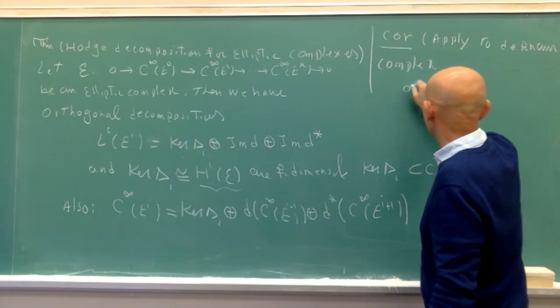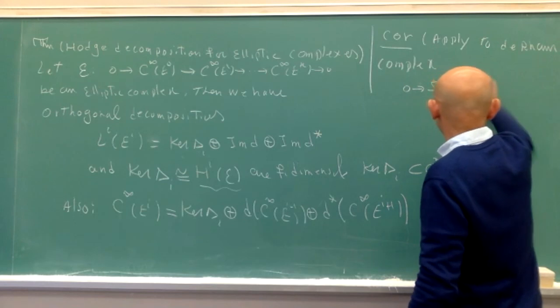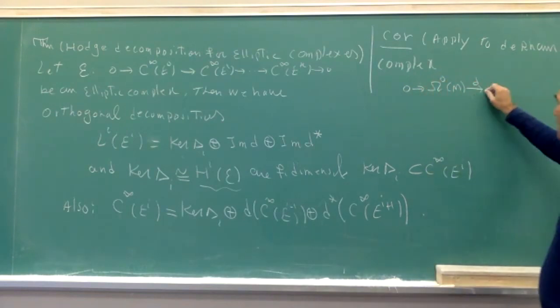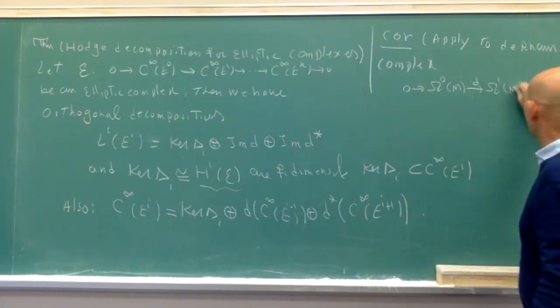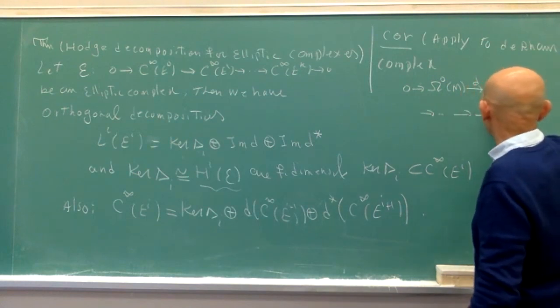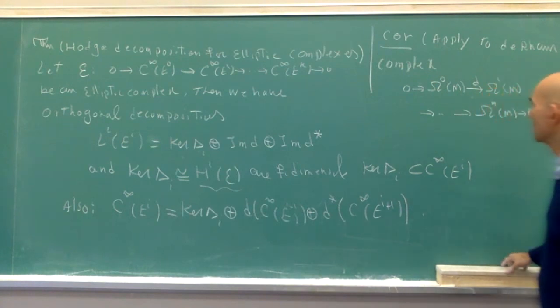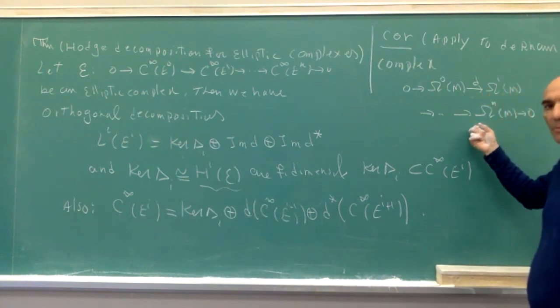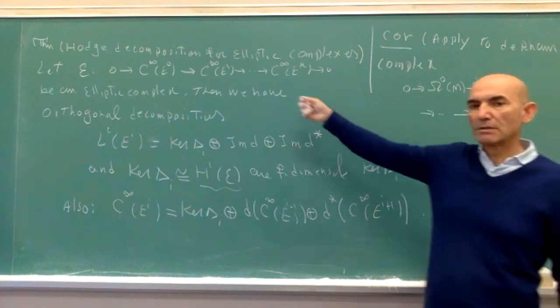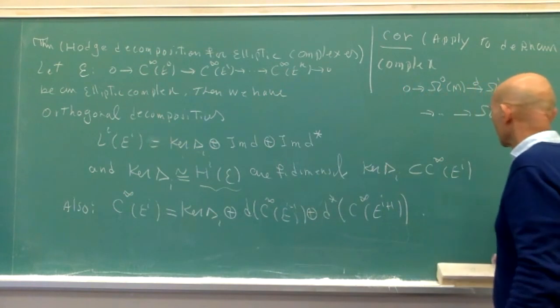So the de Rham complex is this one: 0, Omega^0 of N, de Rham differential d, Omega^1 of N, and so on up to Omega^n of N. We saw that this is an elliptic complex, so it falls under this general construction.